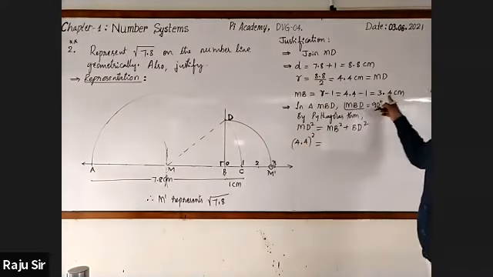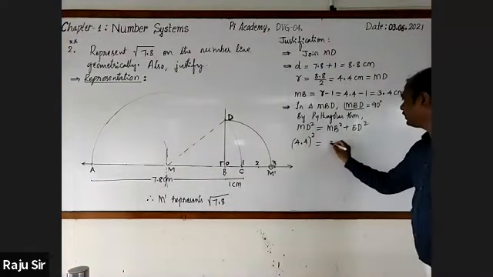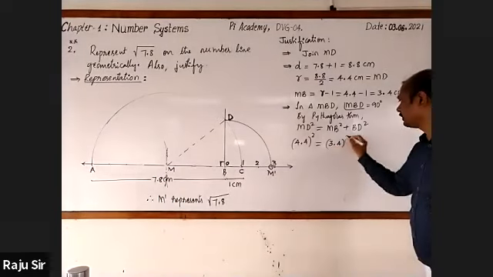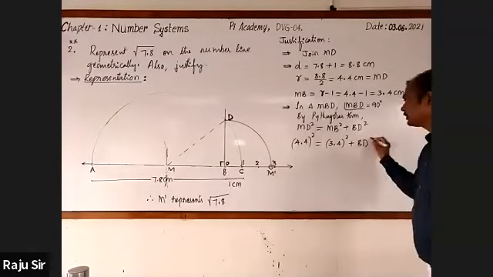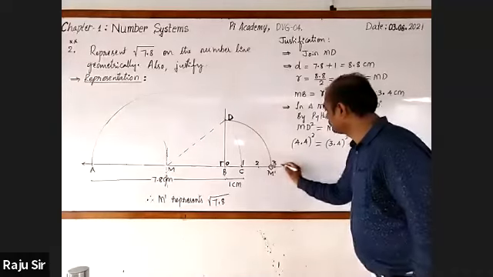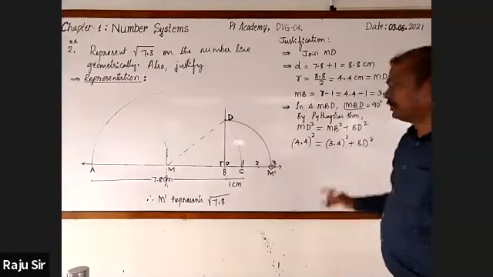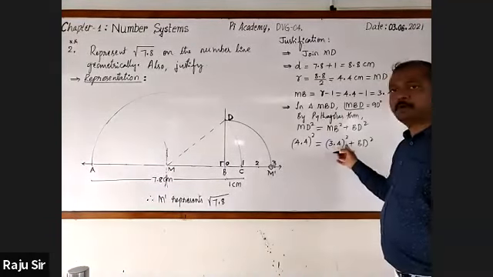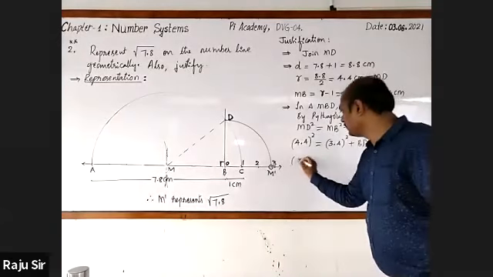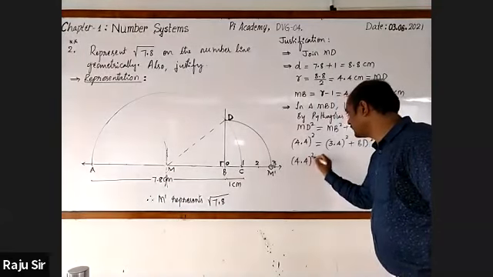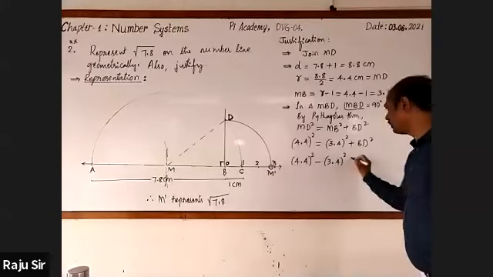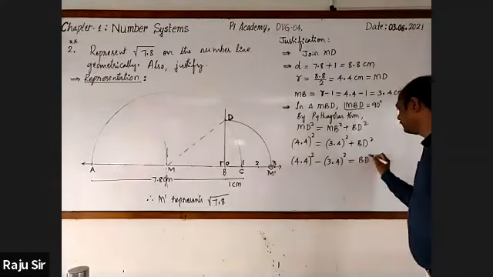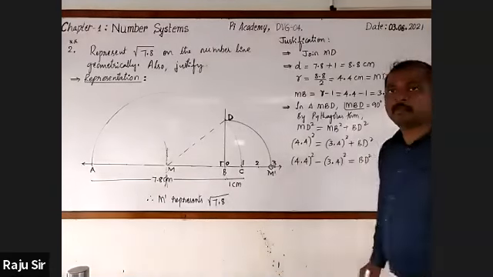MB, we have found out that it is 3.4 whole square, plus BD square. Then transfer 3.4 whole square to the left hand side. Here 4.4 whole square as it is, then minus 3.4 whole square, which is equal to BD square.